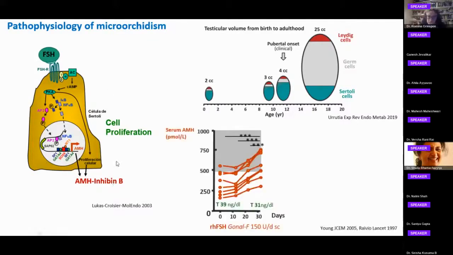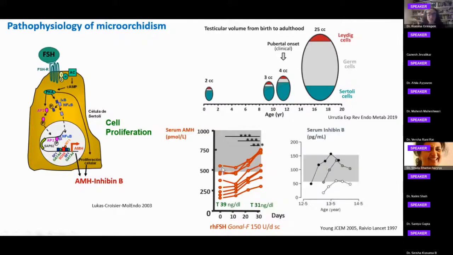Indeed, we can see in untreated adult patients with central hypogonadism that AMH, anti-Mullerian hormone, is low compared with its normal range. When we treat these patients with FSH, AMH increases, and the same happens with inhibin B.